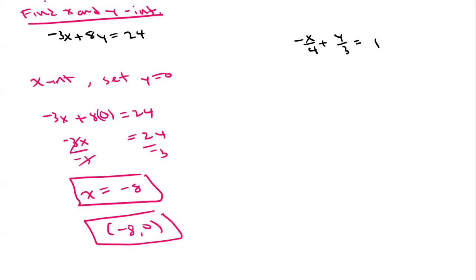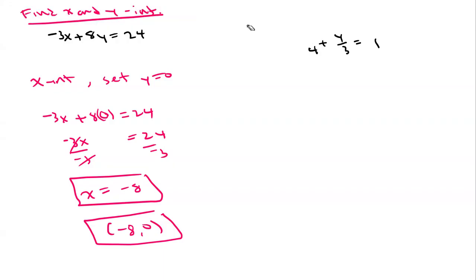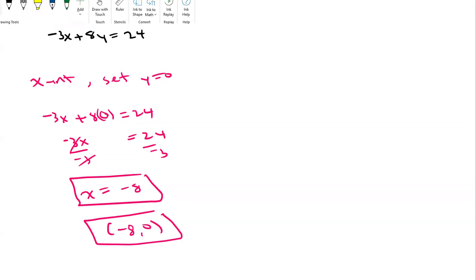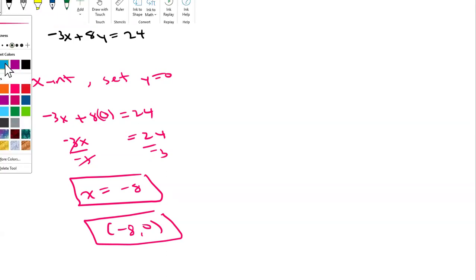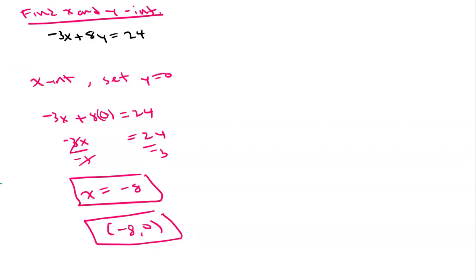All right. Now for the y-intercept, we do the opposite of that. So we're going to set x equals 0.